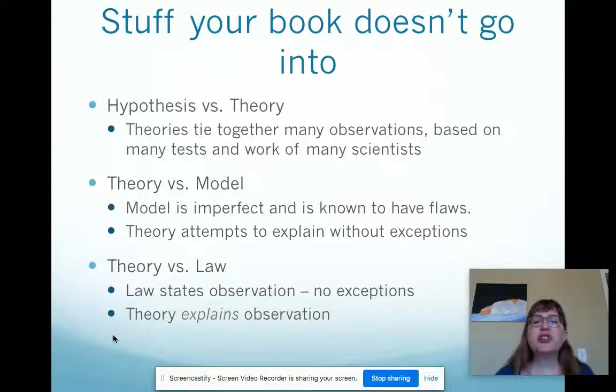We sometimes use the terms theory and model interchangeably, and they really are very different. With a model, we're trying to simplify something that's very complex in order to explain it, to understand it, to teach it. So we know with a model that we're not taking into account every little piece of that object or that idea that we're trying to explain.